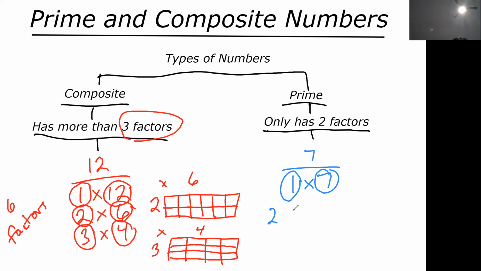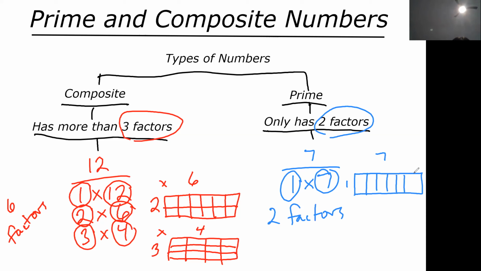Since it only has 2 factors right here, that makes it a prime number. It's always going to be 1 times whatever itself is.